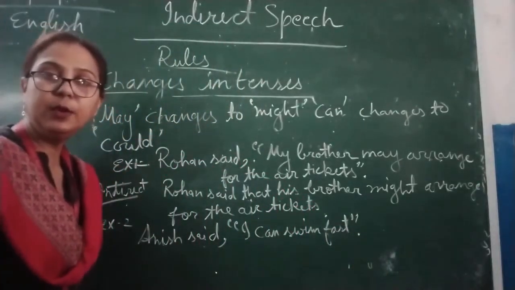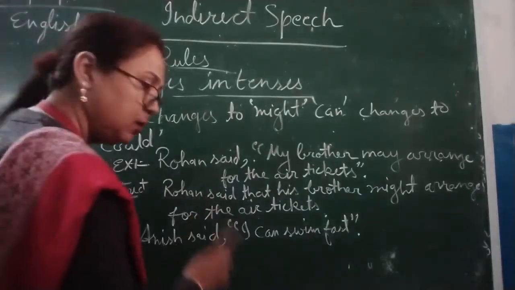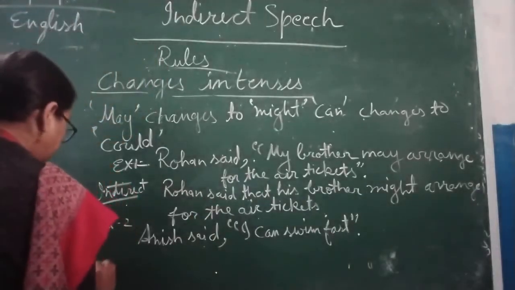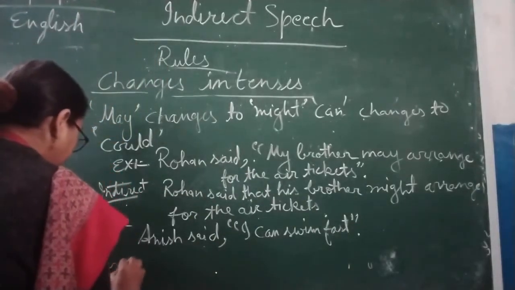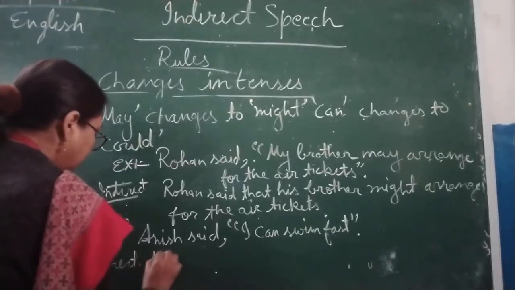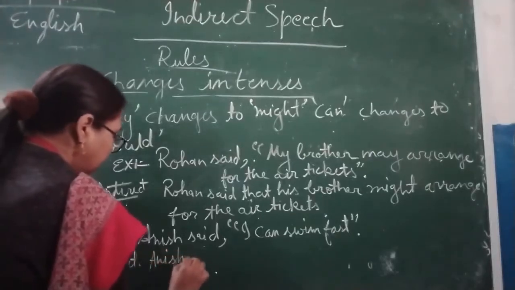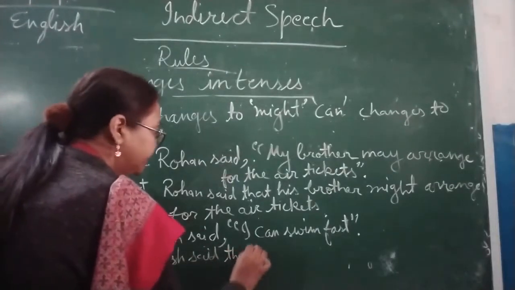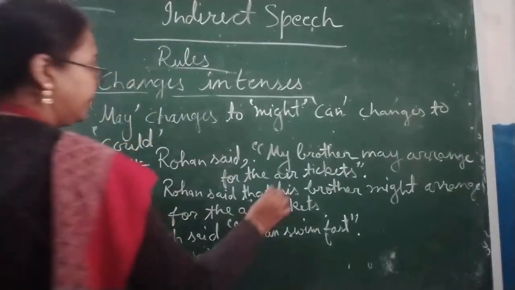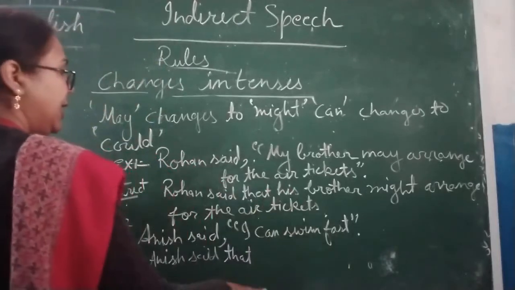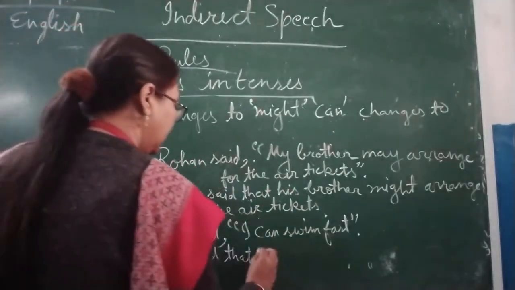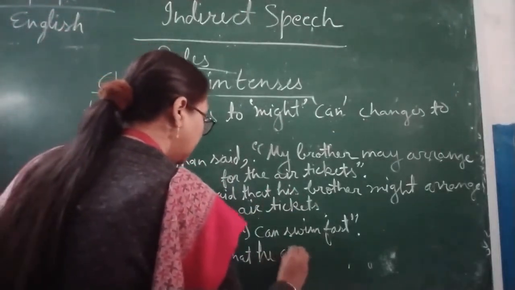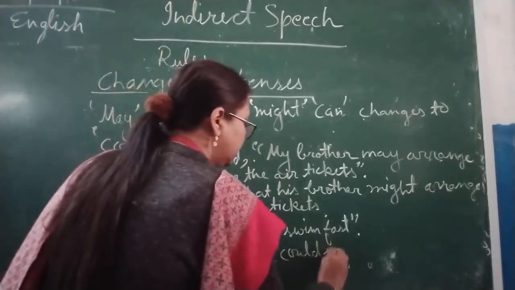So now we are going to write in indirect speech. So what we will write? Anish said that he could swim fast.